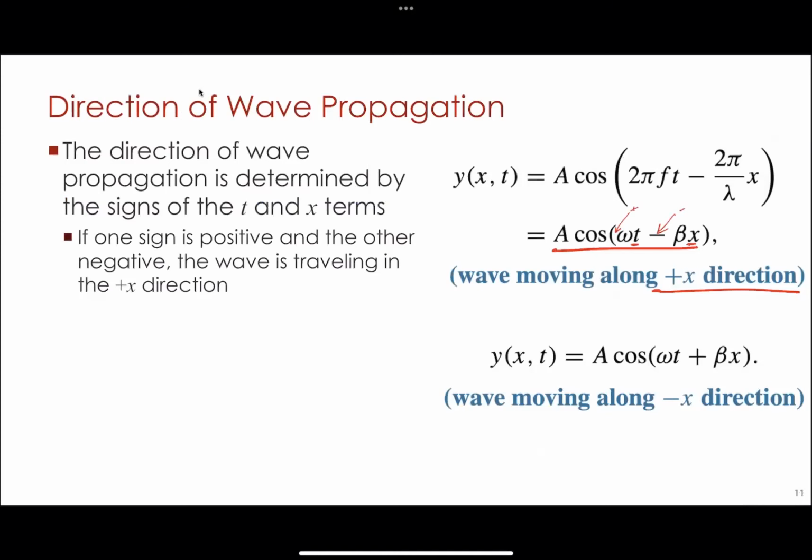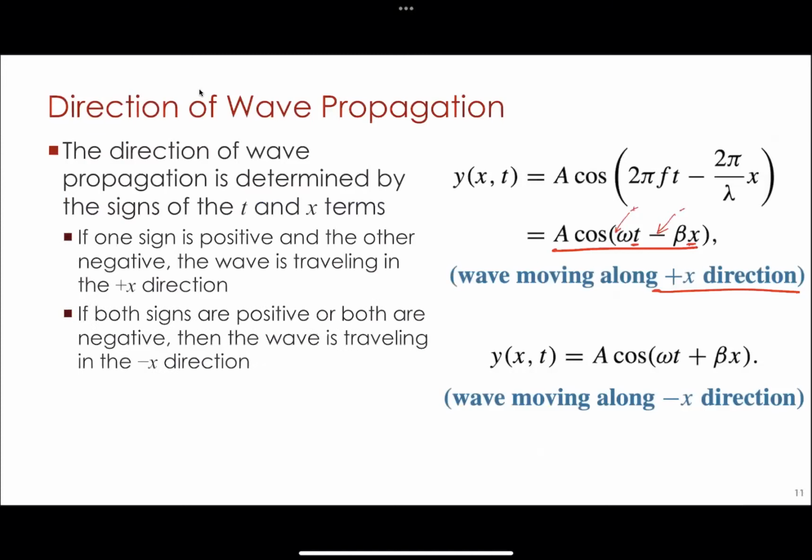So our rule of thumb to determine what direction things are propagating in is to look at the signs in front of the t term and in front of the x term. If they're different, meaning one's positive and one's negative, it doesn't matter which one's positive and which one's negative, it's going in the plus x direction. Now, what Anthony just asked about was the second case.